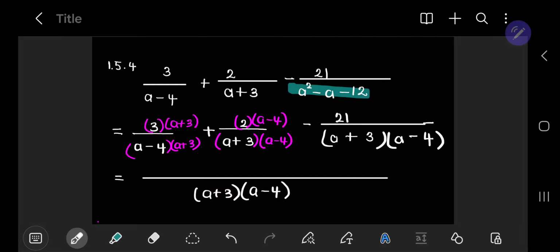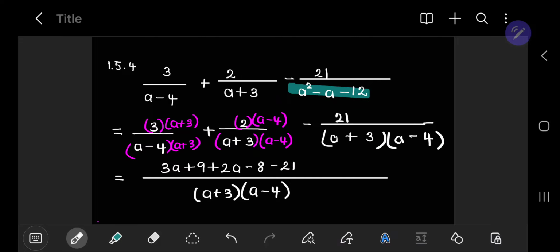Now in the first numerator, and you can actually multiply this out immediately, we have 3 times a, which is 3a, 3 times positive 3, which is positive 9. Then we have a plus, and we've got 2 times a, which is 2a, 2 times negative 4, which is negative 8. Then we've got a minus, and the last numerator is 21.